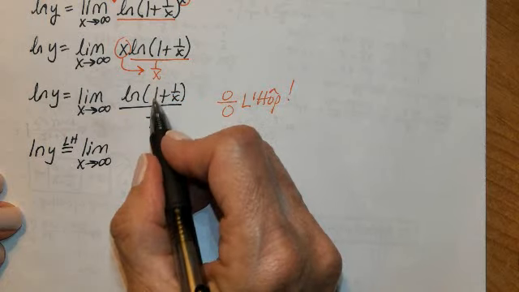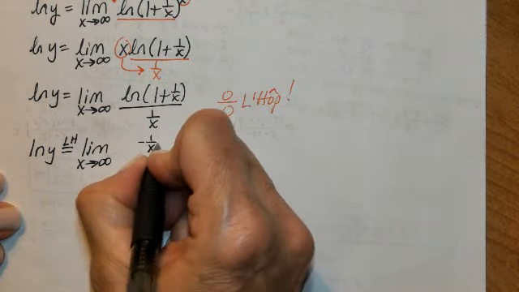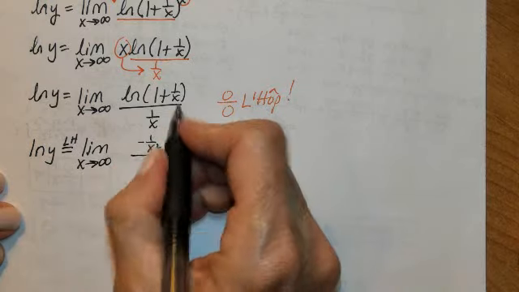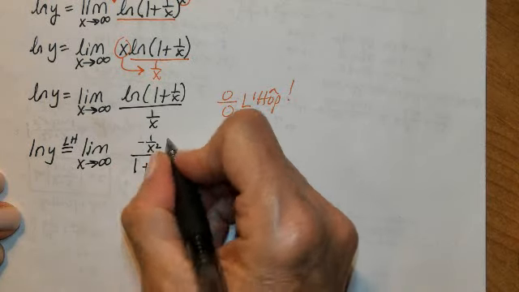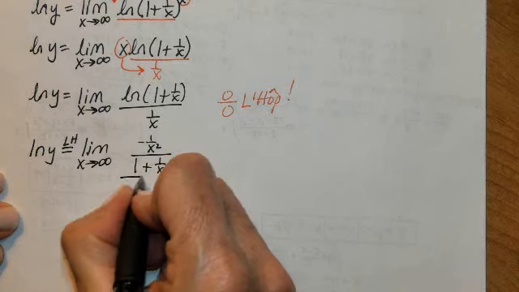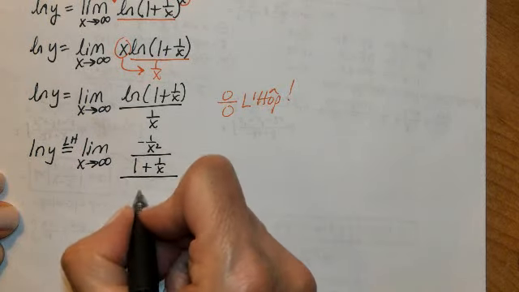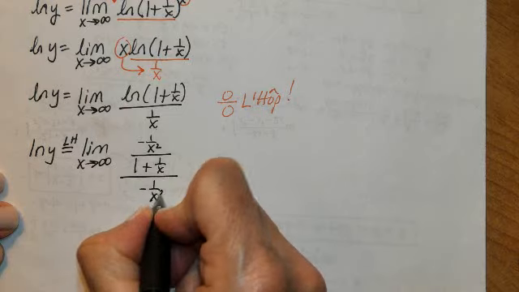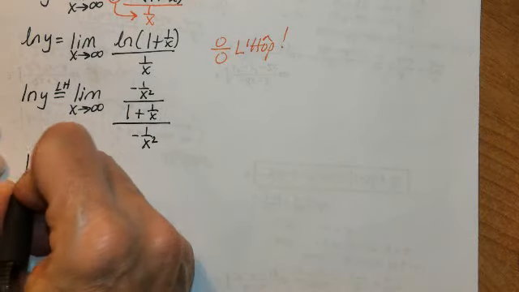The derivative of 1 is 0. The derivative of 1 over x is negative 1 over x squared. So that's the derivative, and now this is the u part. So that's u prime over u divided by the derivative of 1 over x, which is negative 1 over x squared. This looks like a mess, doesn't it?